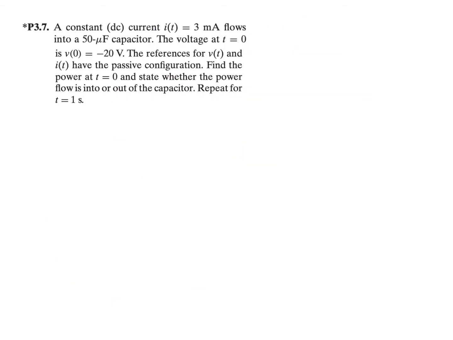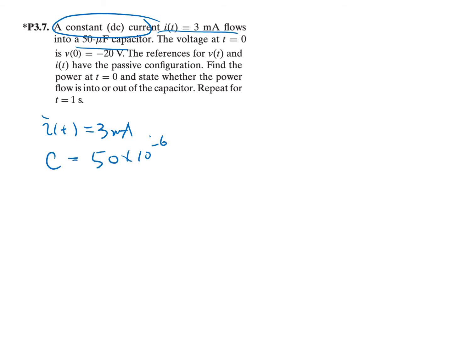Question P3.7. A constant current value of 3 milliamp, I is equal to 3 milliamp, flows into a 50 microfarad capacitor. So C is equal to 50 times 10 to the negative 6. And we have the voltage at 0 at the beginning, V0 is equal to negative 20 volts.